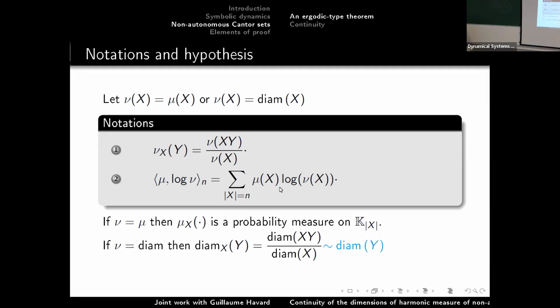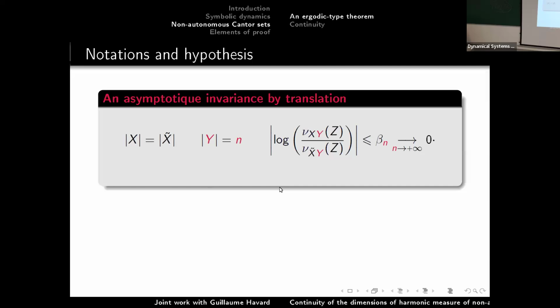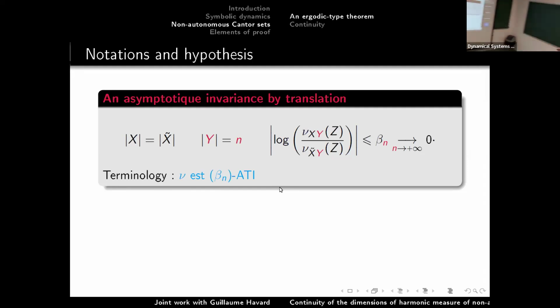Now, what I will call, as terminology, I say that a measure is beta n asymptotically invariant if, whenever I take two cylinders of the same generation, so that's why I did this on the blackboard.